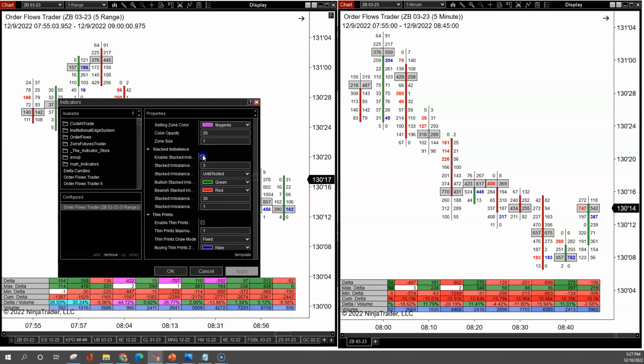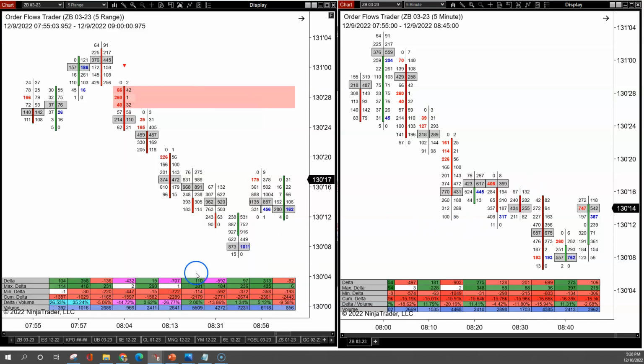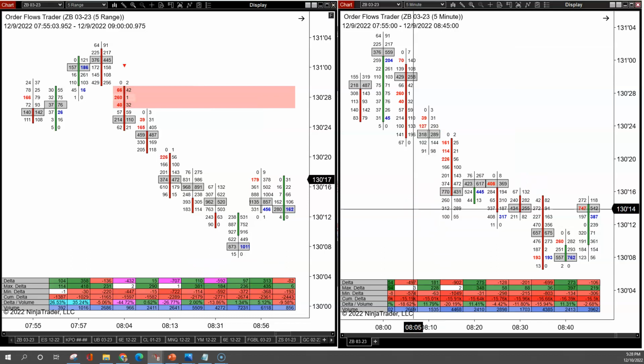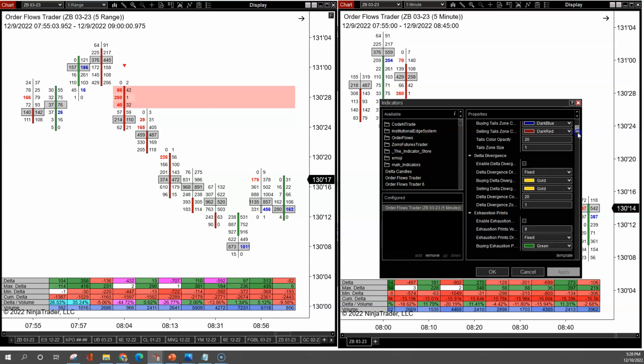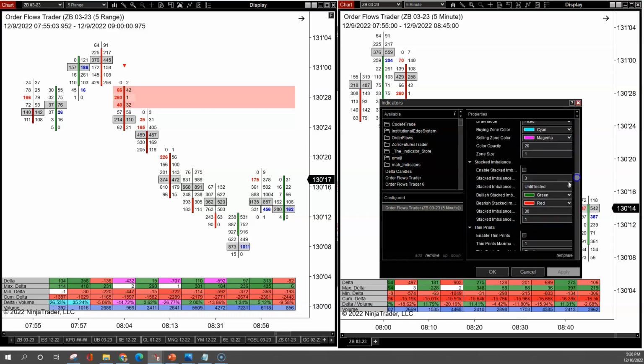Here we are, stacked imbalance. I'll open it up here so you can see what I'm talking about a little better, and we'll compare some of these things, what we're seeing here in the market.